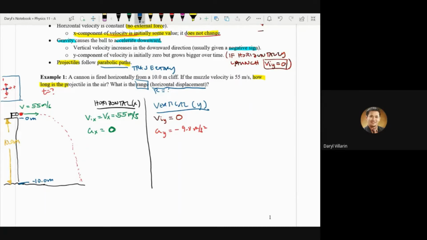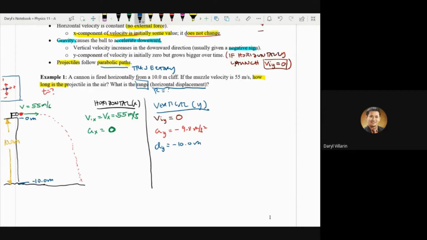You move downward from the starting point, so that means dy is negative 10.0 meters. Okay?